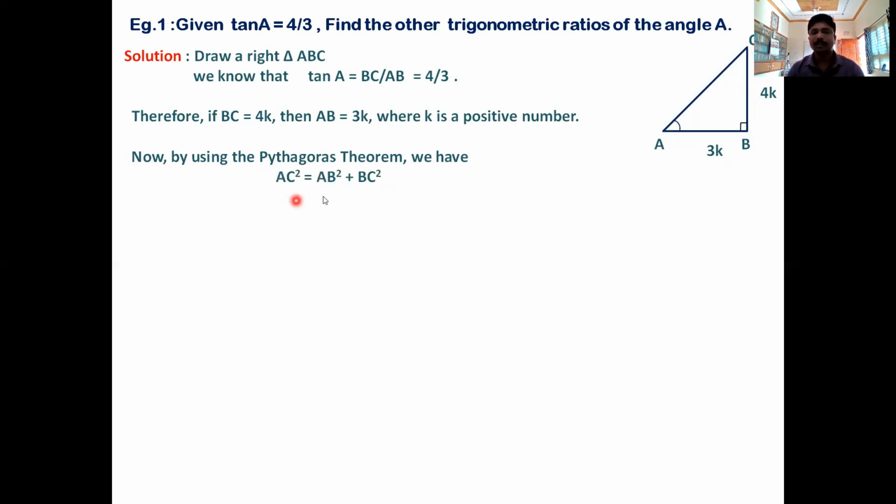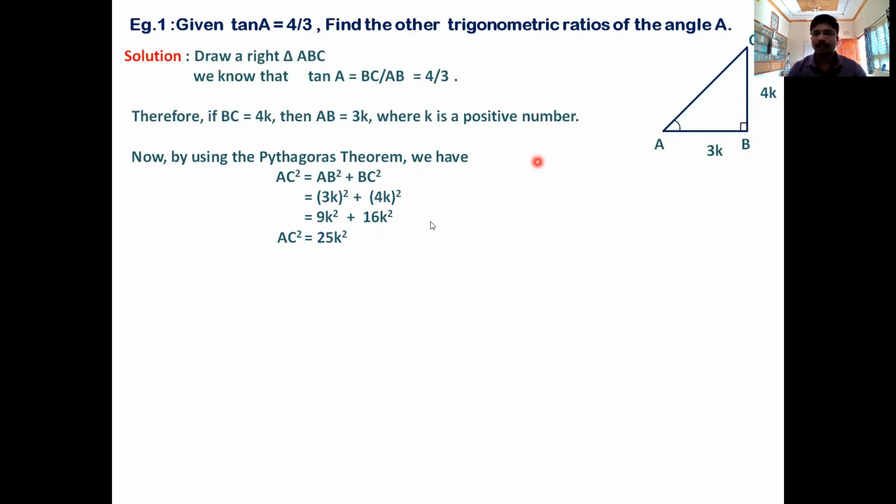That is AC square is equals to AB square plus BC square. Substitute AB is equals to 3K, its square is 3K whole square, plus BC square, that is 4K whole square. 3K square is 9K square and 4K square is 16K square. Sum of these two will be equals to 25K square.